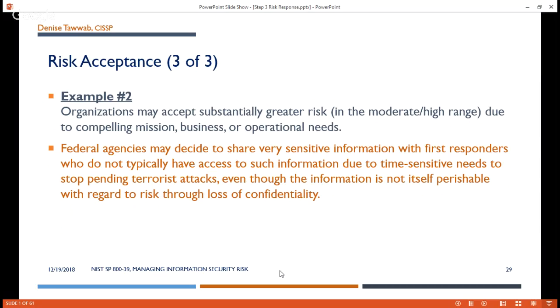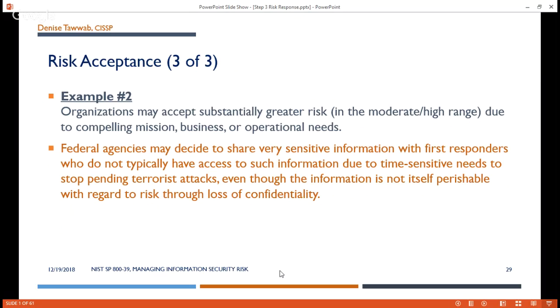Federal agencies may decide to share very sensitive information with first responders who don't typically have access to such information due to time-sensitive needs to stop pending terrorist attacks, even though the information is not itself perishable with regard to risk through loss of confidentiality.